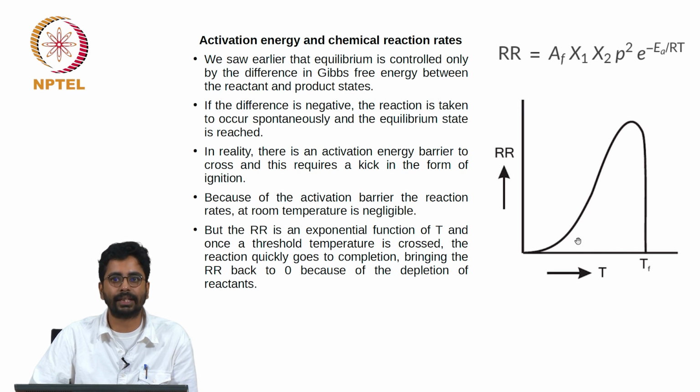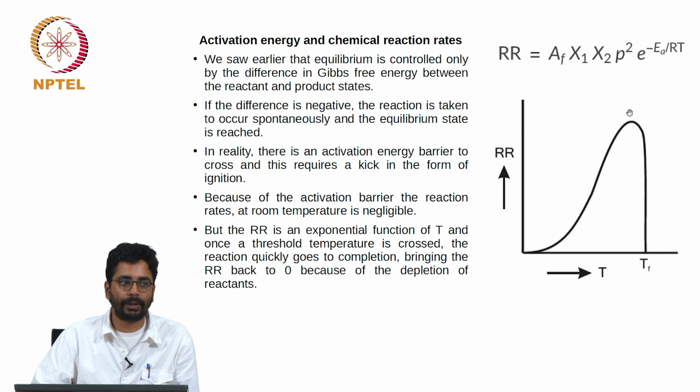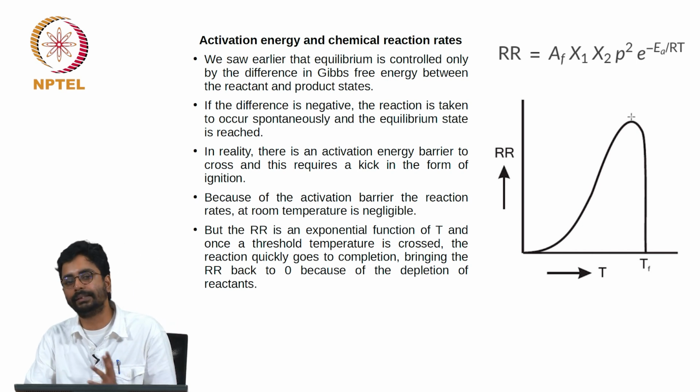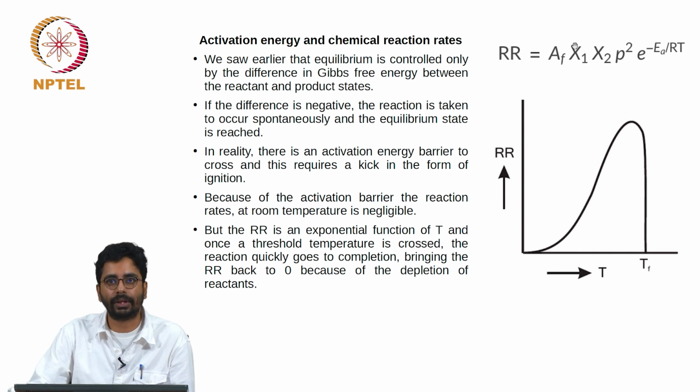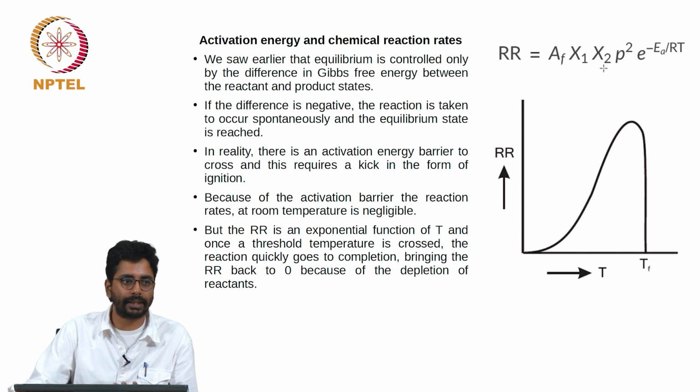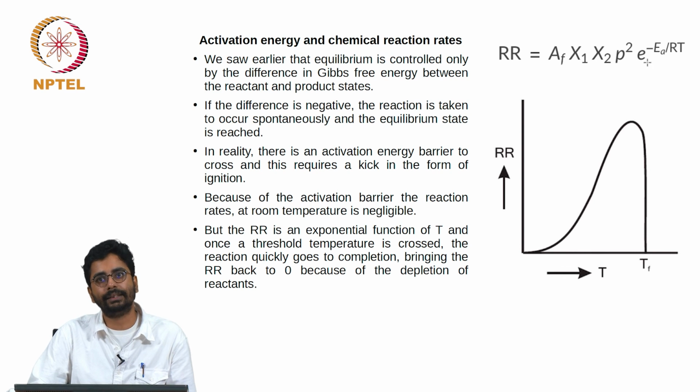So, once you cross a threshold temperature, the reaction rate increases exponentially, but also remember that in the process the reactants are consumed. So, the reaction rate is proportional to the product of the concentrations of the reactants and a temperature function, which is the Arrhenius function.